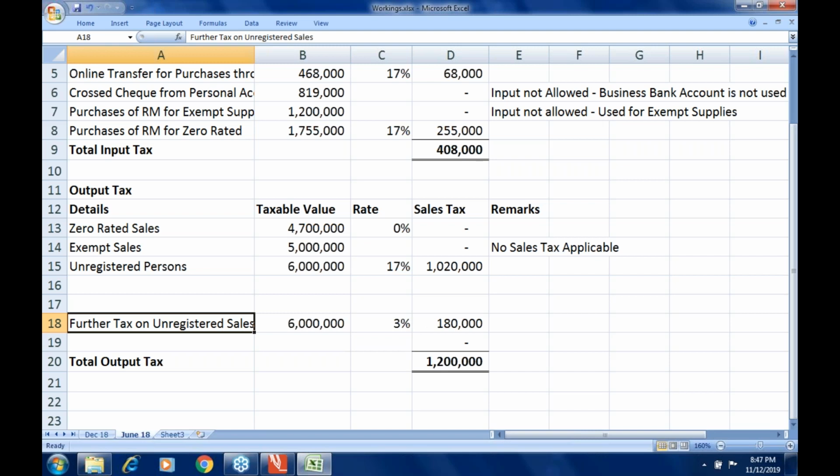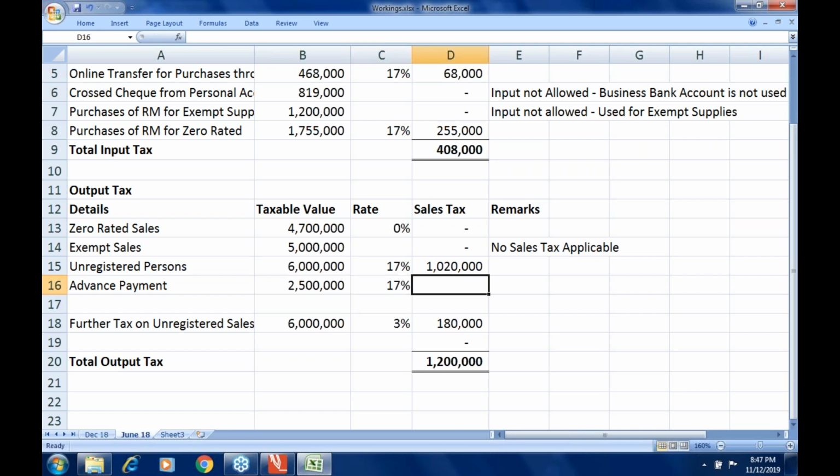Now, there is this advance payment. We did discuss that advance payments are being treated as sales. The advance payment is 2.5 million, and there's going to be a sales tax applicable on it of 17%. Resultingly, this is what we are going to get.